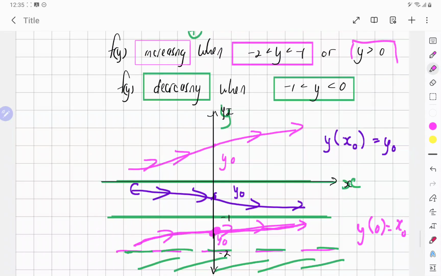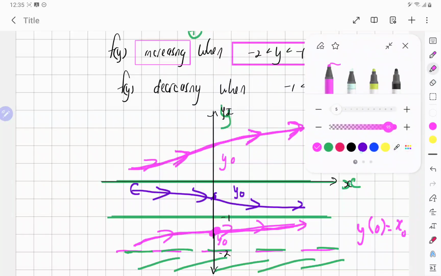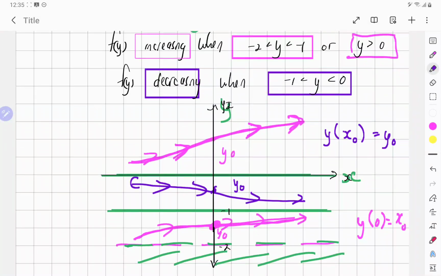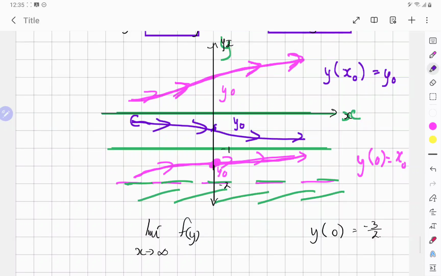Then also increasing greater than 0. Hence, this graph increasing. Decreasing, let's do the purple for decreasing. Decreasing between -1 and 0. Hence, my decreasing in that direction. So the direction is also very important.